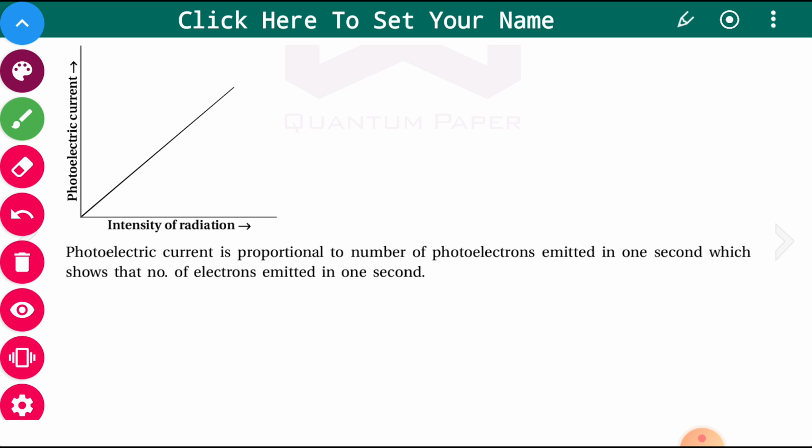The more photoelectrons are emitted, the more the photoelectric current. So that is seen with the help of this particular graph, and from this experiment, that as intensity of light incident on the photosensitive surface increases, the photoelectric current also increases.